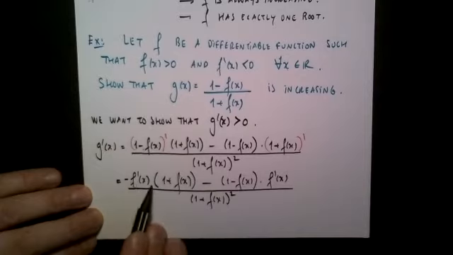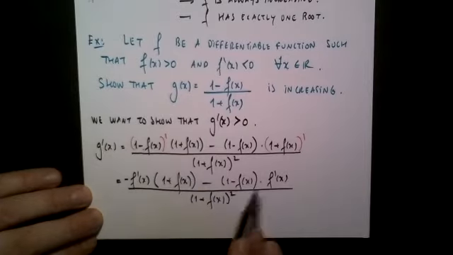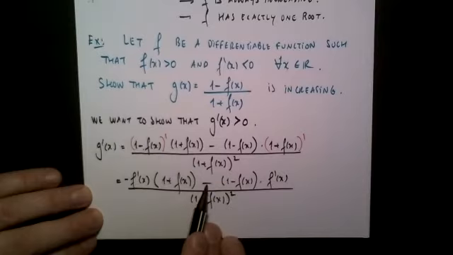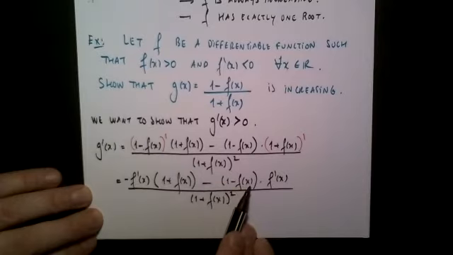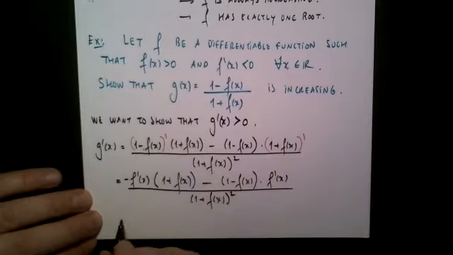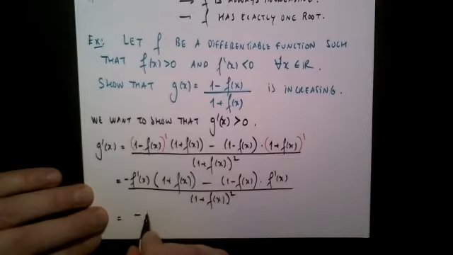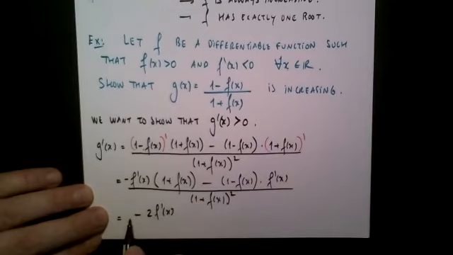So you will have negative f prime minus f prime f minus f prime plus f prime f. If you simplify this, you will just get negative 2 f prime of x on top, over 1 plus f of x squared.